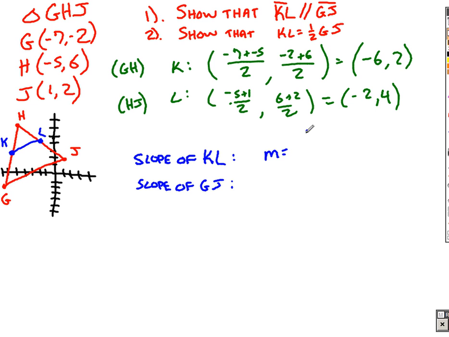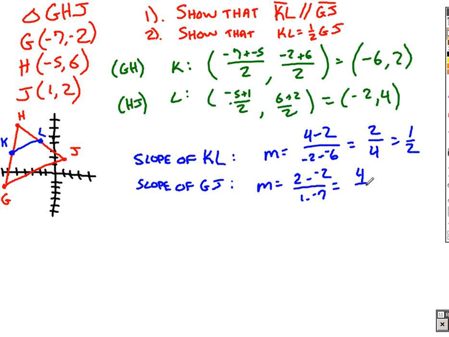I'm going to subtract the y's, 4 minus 2, subtract the x's in the same order, -2 minus -6, which gives me 2 over 4, which reduces to 1/2. I do the same for GJ, subtract the y's, 2 minus -2, over 1 minus -7, so I should get 4 over 8, which is also 1/2. So they are parallel, just like we needed.